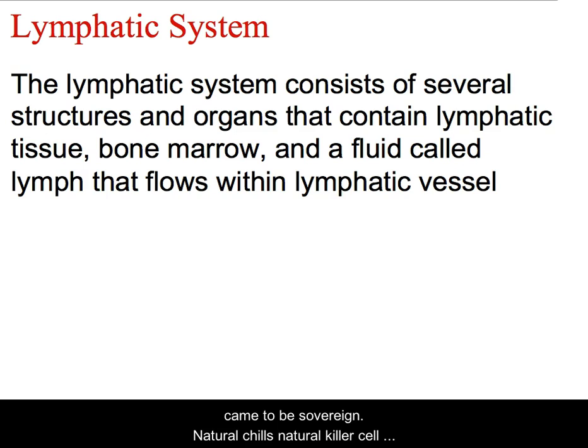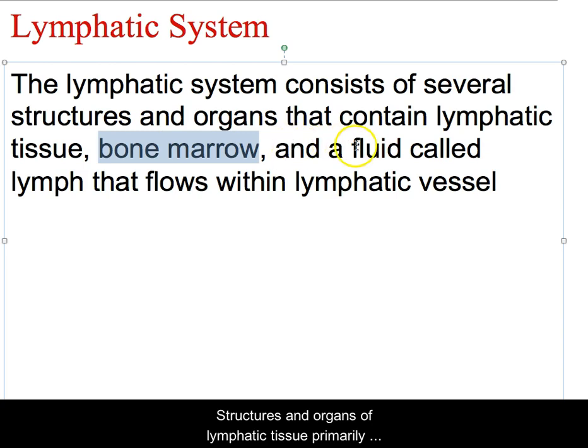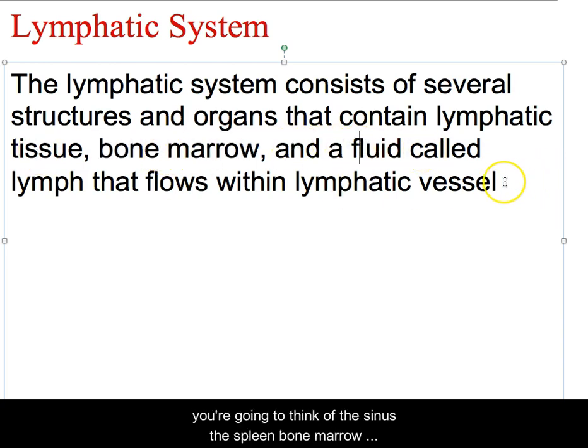What is that lymphatic system? Well, as I told you a moment ago, it is the structures and organs that contain lymphatic tissue. Primarily, you're going to think of the thymus, the spleen, bone marrow. You might not necessarily think of bone marrow, but of course this is where we make all of our white blood cells, and the fluid that flows inside the lymph structure within the lymph vessel, which is collected interstitial fluid.